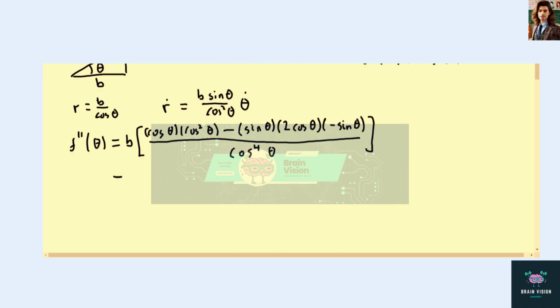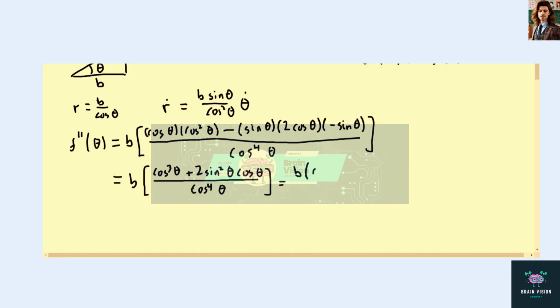Okay, so that's our f, so our second derivative, and we can simplify that into we're going to have a b, and we'll have a cosine cubed theta plus a 2 sine squared theta cosine theta, and cosine to the 4th in the denominator. All right. And we can simplify further.